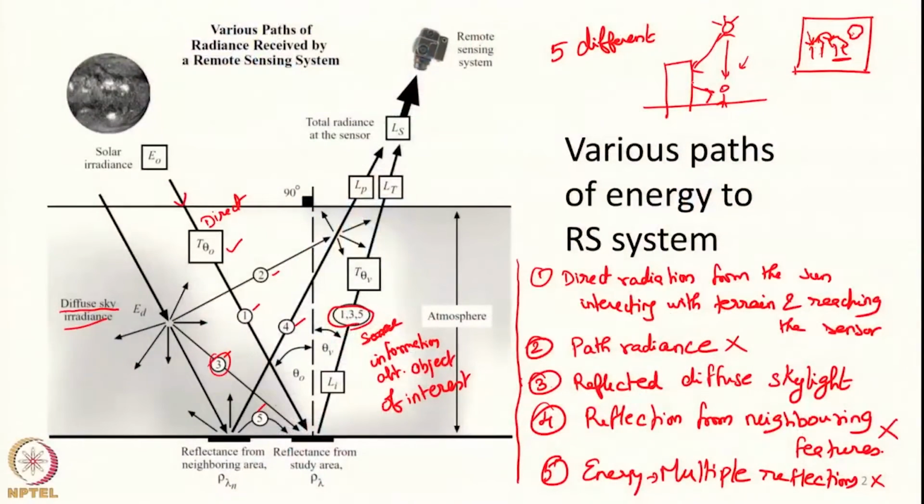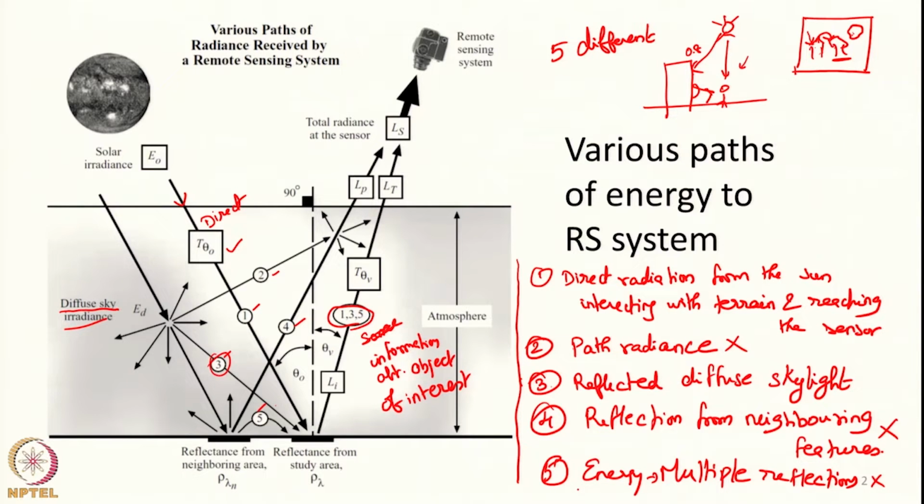Since energy from the sun is undergoing multiple reflections, take the example of this building: say the building glass has a reflectance of 0.8, then of whatever energy is falling on it, only 80% will be reflected towards you. Not even 80%, because if it can reflect in different directions, only a fraction of energy will be reflected towards you. So as the number of reflections grows, the energy goes lower and lower and becomes too low. So path 5 is difficult to measure or model, but it is too low and hence we can safely neglect it.